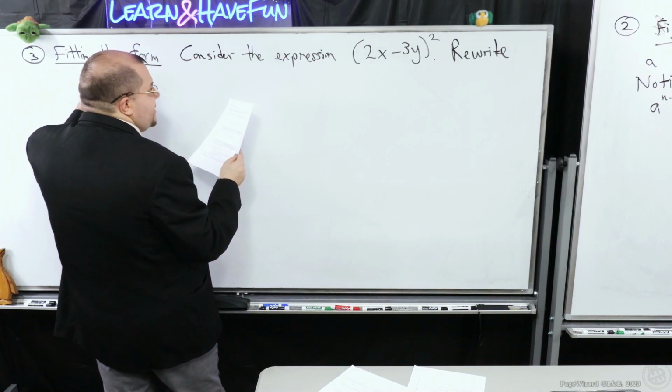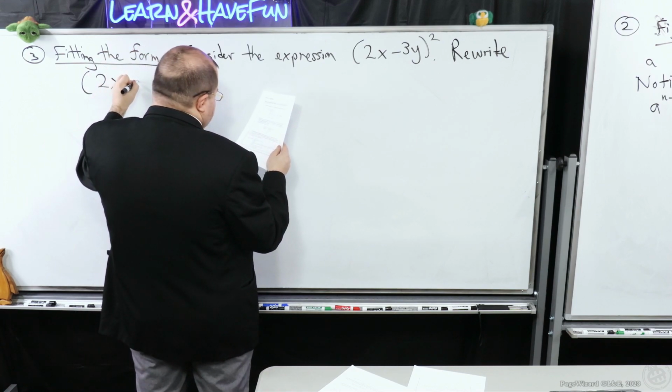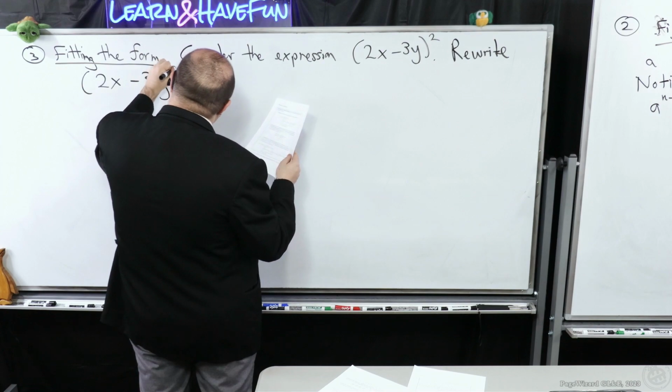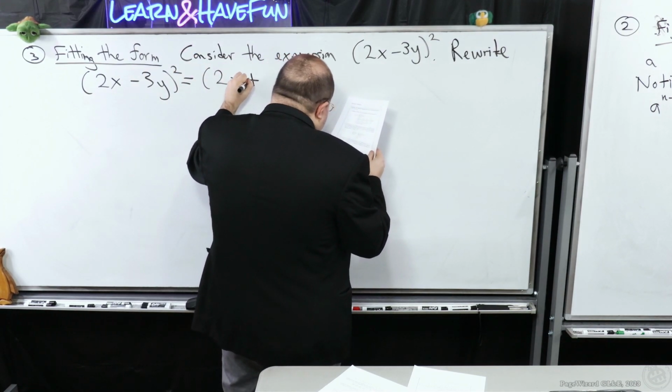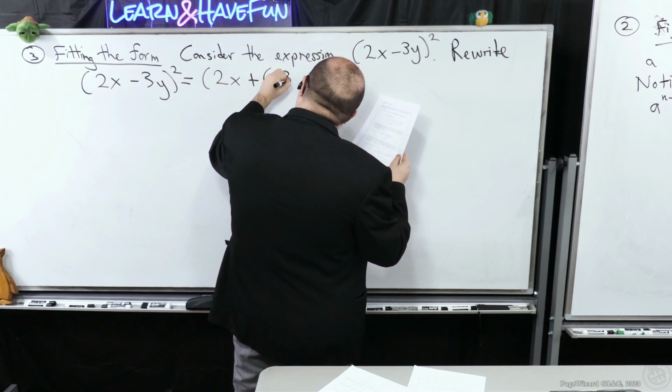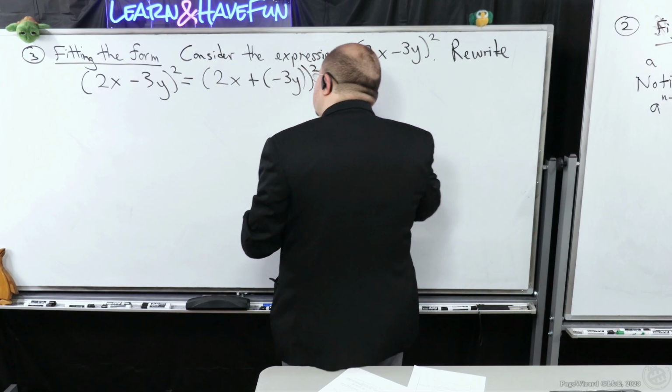So I can take anything that's like a difference like that, and I can replace it with addition where I negate. Like this. So I have 2x plus minus 3y, squared. So it's the same thing, right?